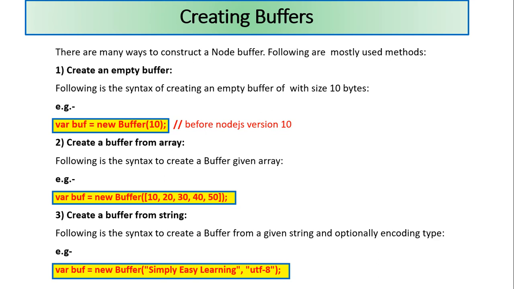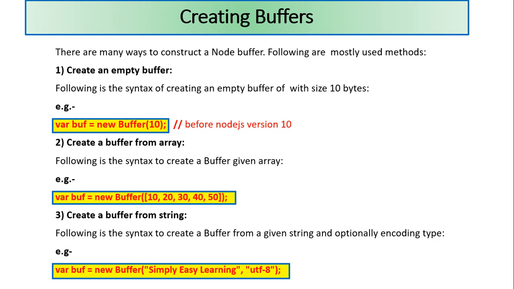After that, we use the Buffer constructor, and in that constructor we mention an array. This creates a new buffer object from an array of integers. Each integer in this array is the byte value corresponding to the index of the buffer.